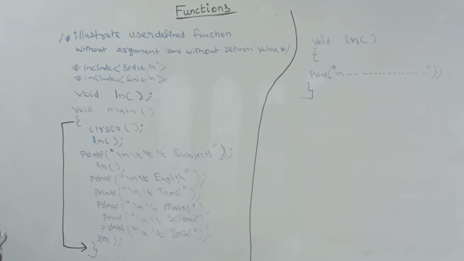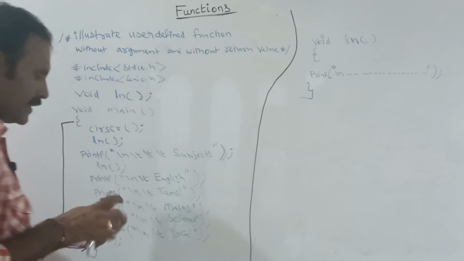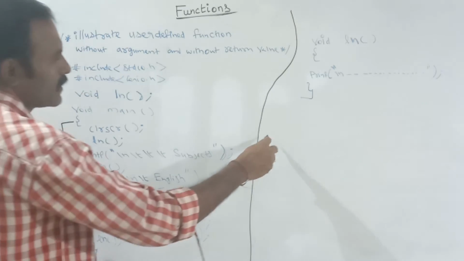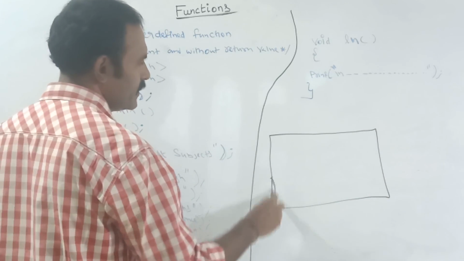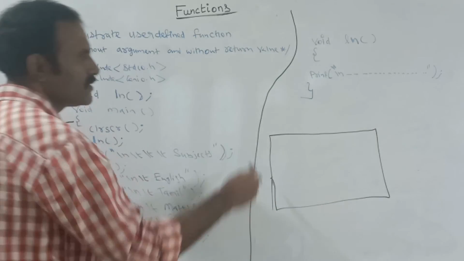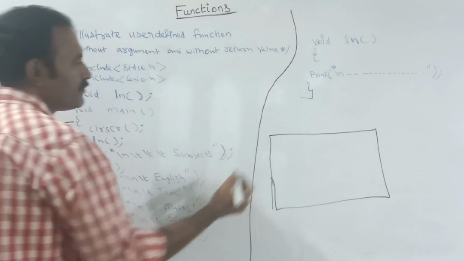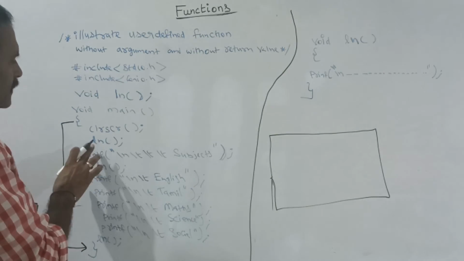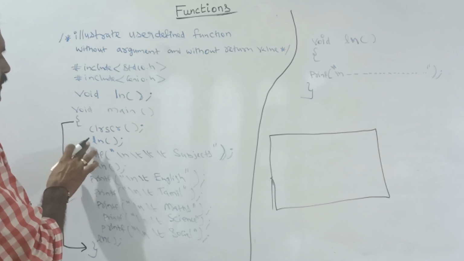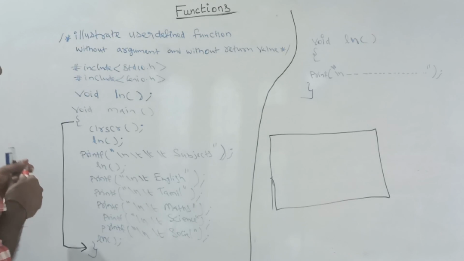See, this is the output screen. In the output screen, there are totally 80 columns and 25 rows. See this dash. Very first, after clearing the screen, I am calling this ln function. So where will this function go?